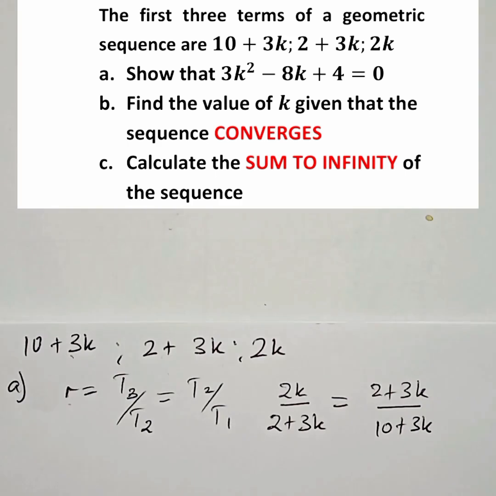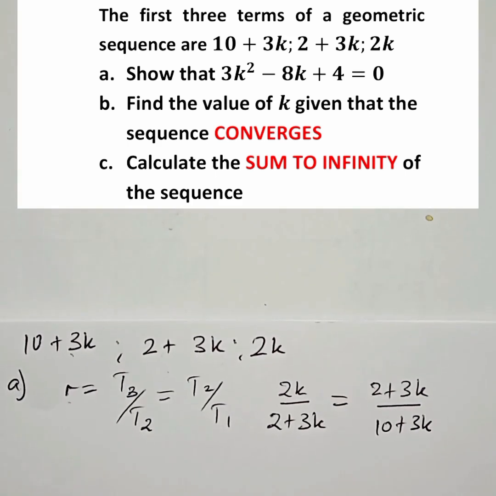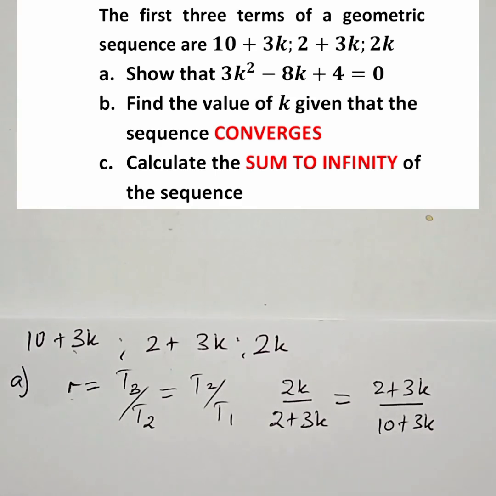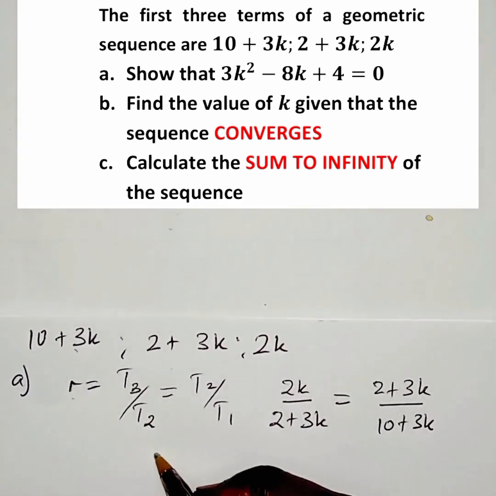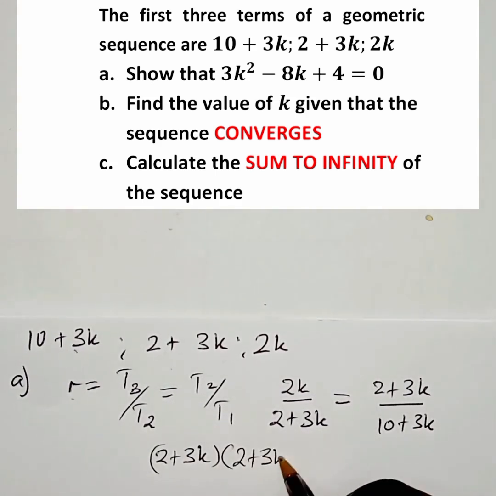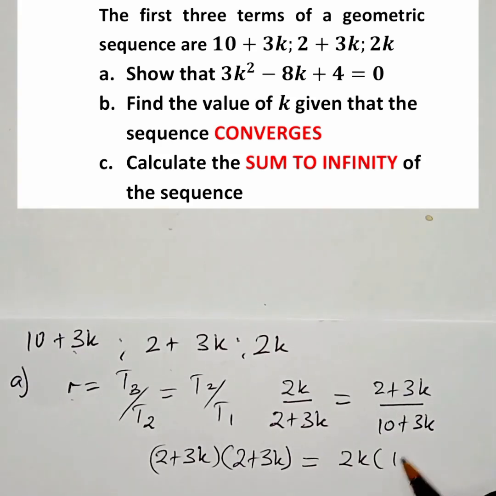You remember the method of solving linear equations. You can just cross multiply this and cross multiply that. So I'm going to multiply this and that. We're going to have 2 plus 3k multiplying 2 plus 3k is equal to 2k multiplied by 10 plus 3k.